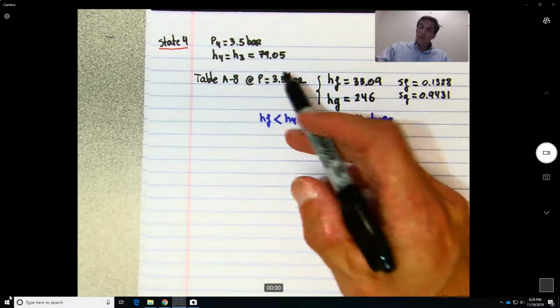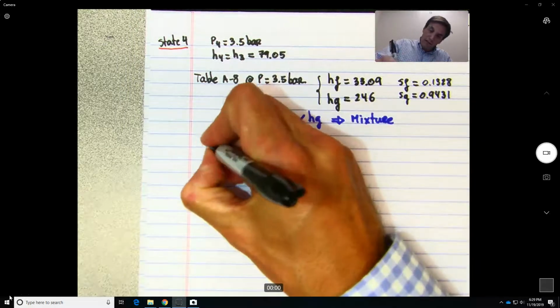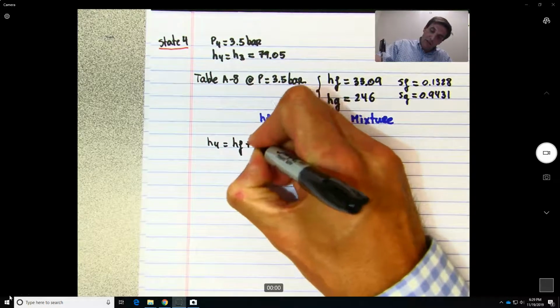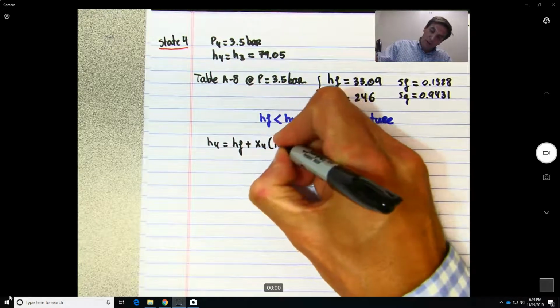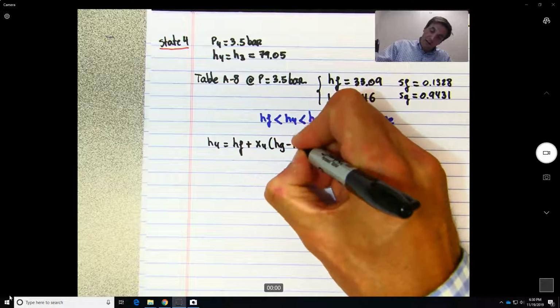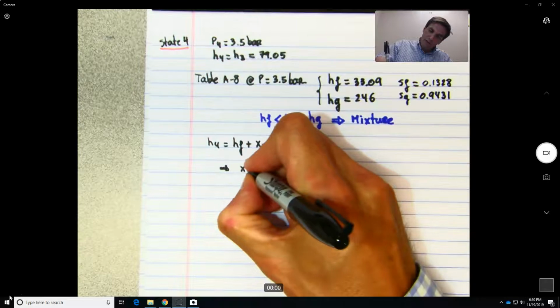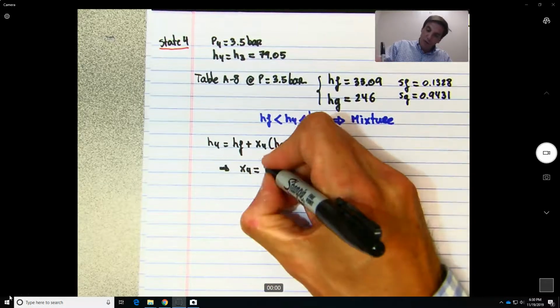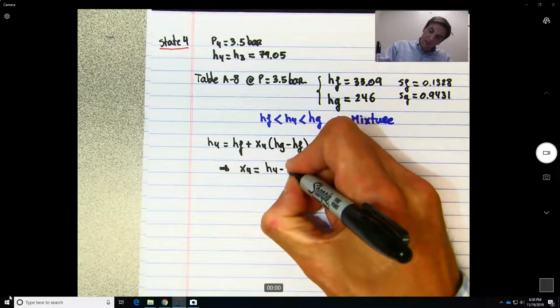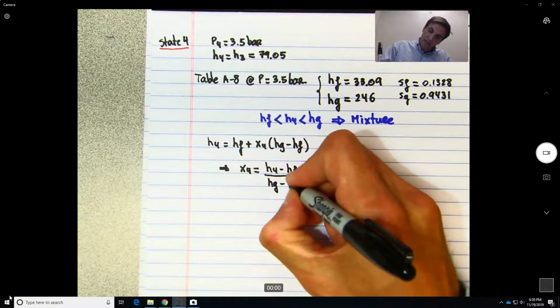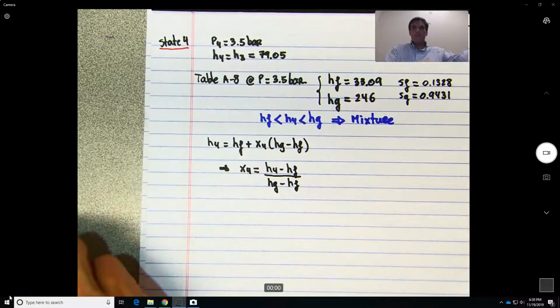So we know the enthalpy, so we know that H4 will be equal to H fluid plus X4 times (H gas minus H fluid). So from here we can solve for X4, which will be equal to H4 minus H fluid divided by H gas minus H fluid.